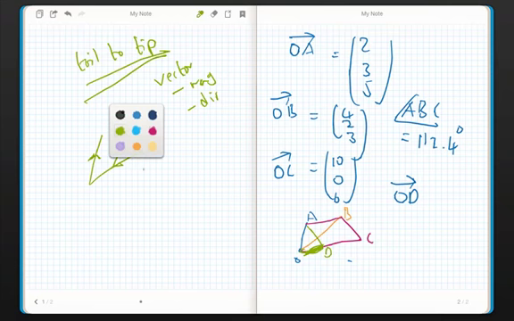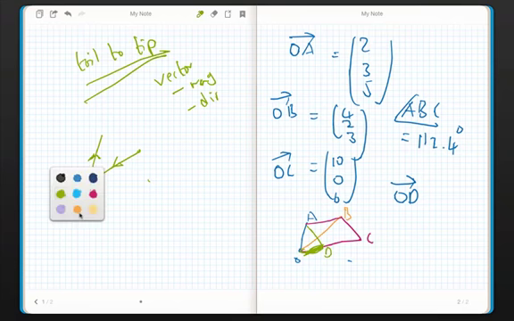This is the tail for this vector, and the tip is in front of the arrow. This is the tip for this vector. And for this vector, I'll just change the color. This is the tail for this vector, and this is the tip for this vector.